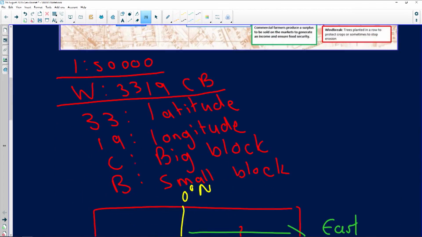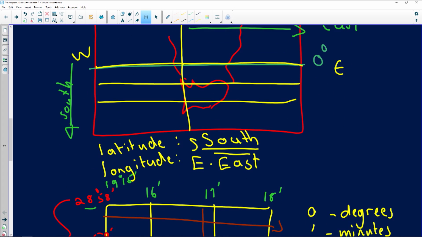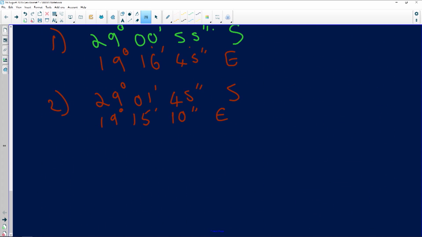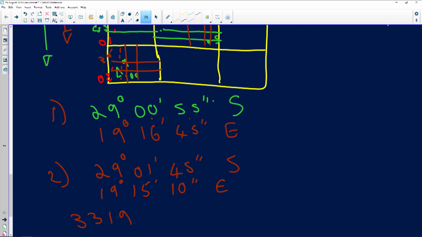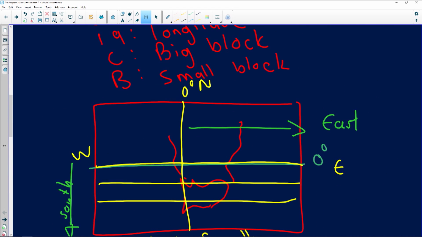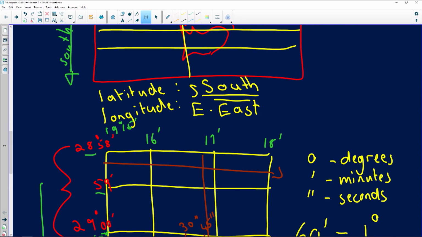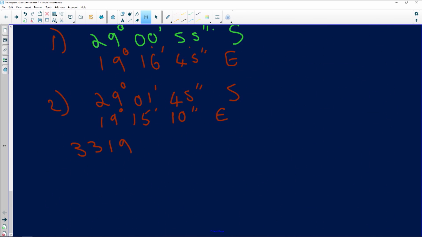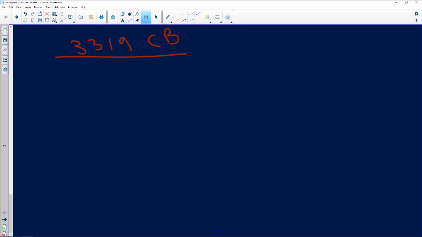Now, to go and draw it for you in perspective, this is what they meant by it. Okay. 33, 19, just want to make 100% sure, it's CB. So, if I can go and draw the map code for you, the map reference, it's 33 degrees, 19 degrees latitude, so obviously what will be the next will be 34 degrees.